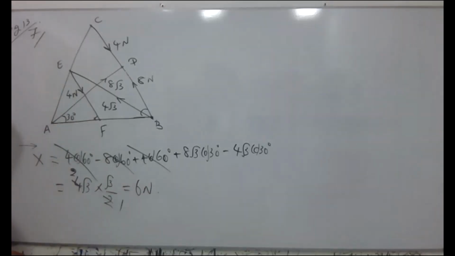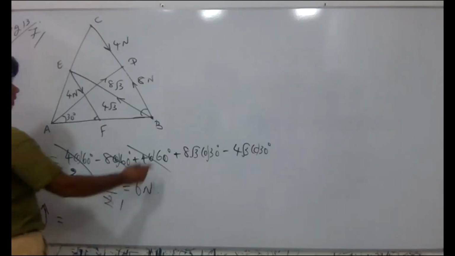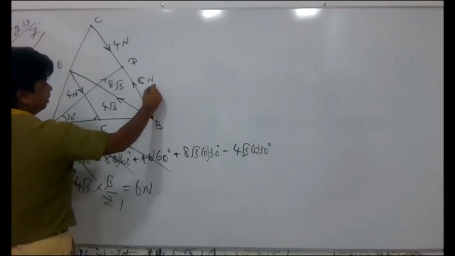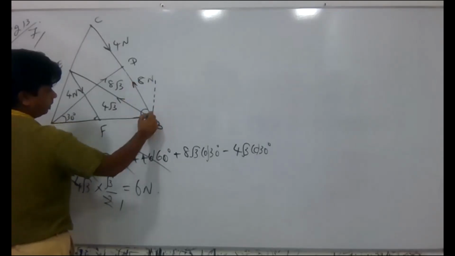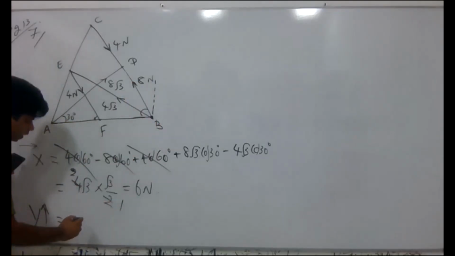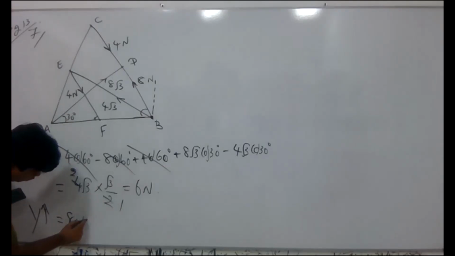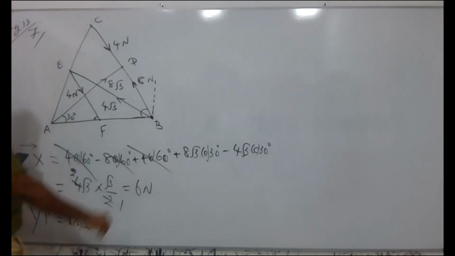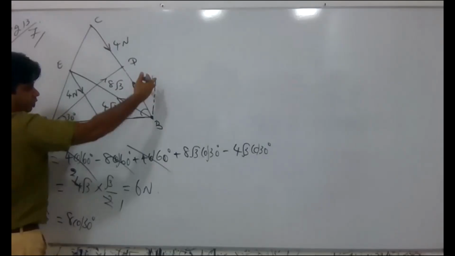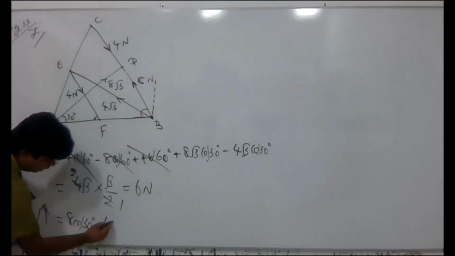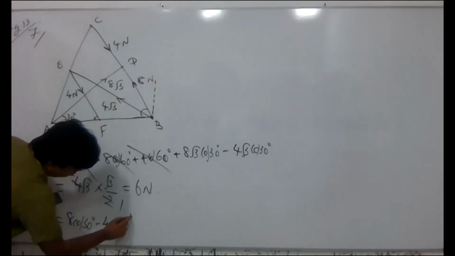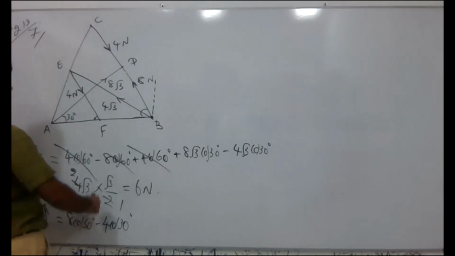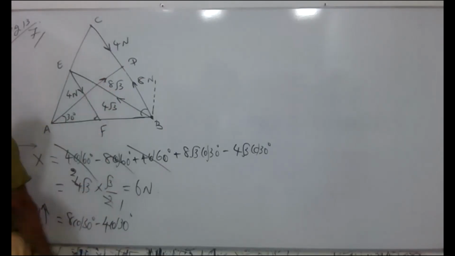When you go to take the algebraic sum of the vertical components, just take the point of action of the 8 newton here, then 8 cos 30. Actually 4 in the opposite direction, then minus 4 cos 30. And here 8 root 3 this way.